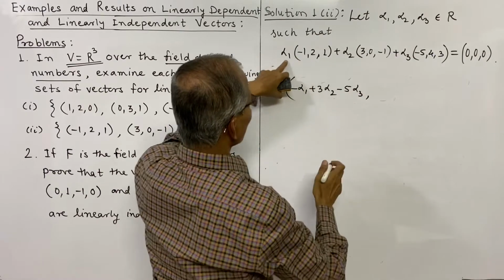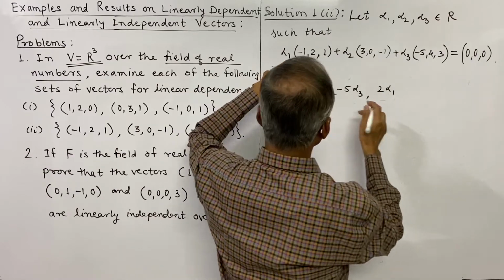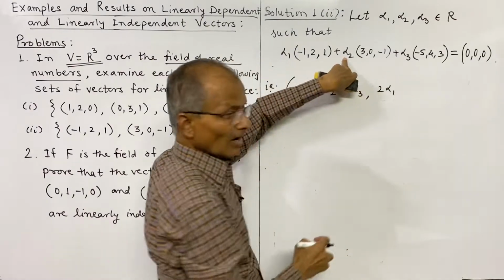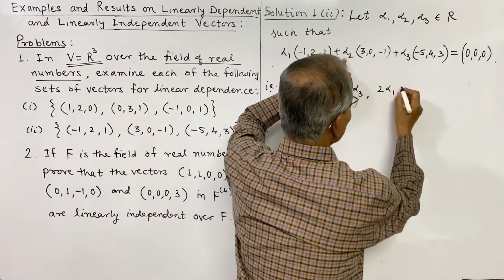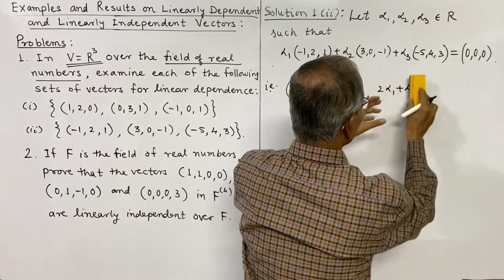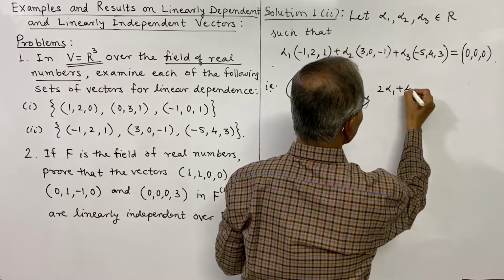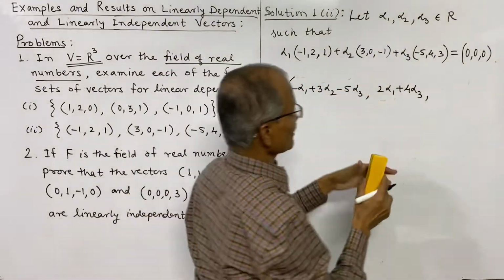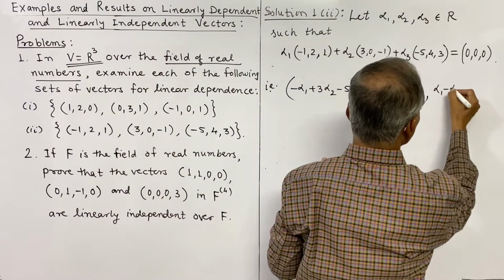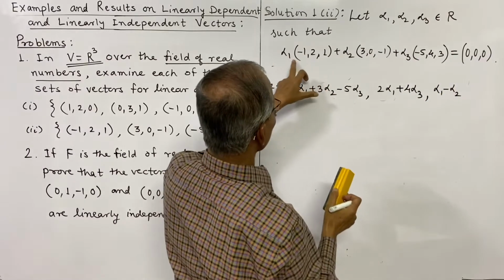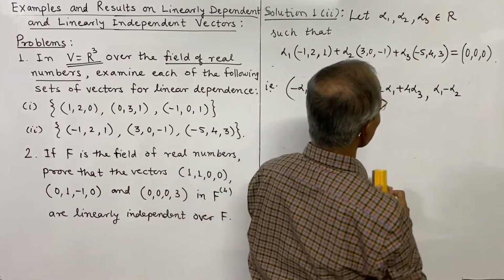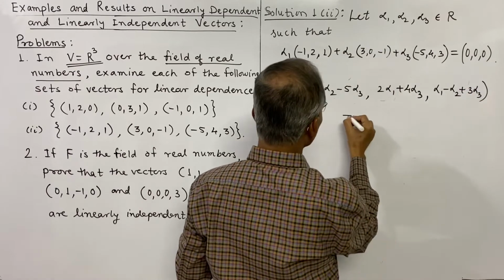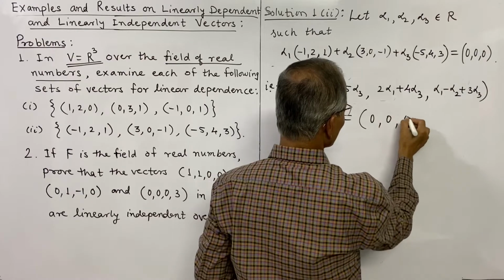Next, 2 alpha 1 second component, and this is 0, need not write, and then 4 alpha 3, and third component alpha 1 minus alpha 2, and last is plus 3 alpha 3. This is equal to 0, 0, 0.